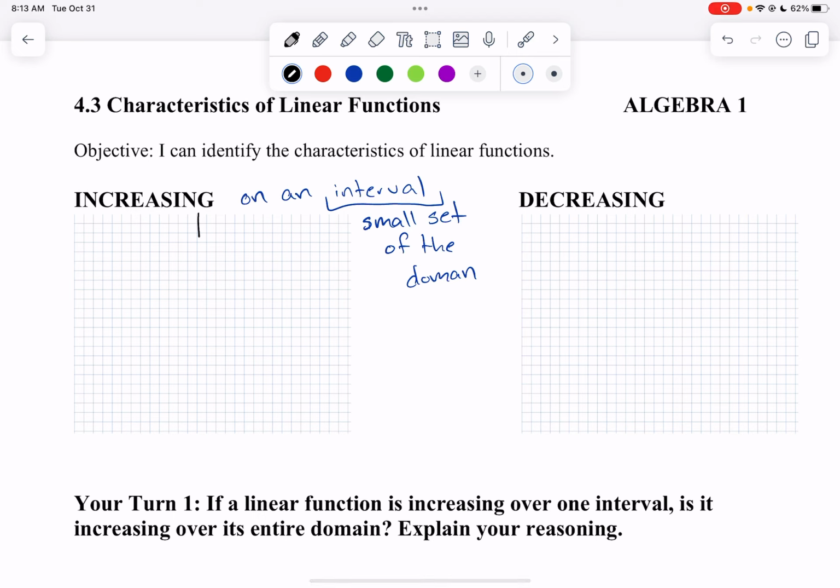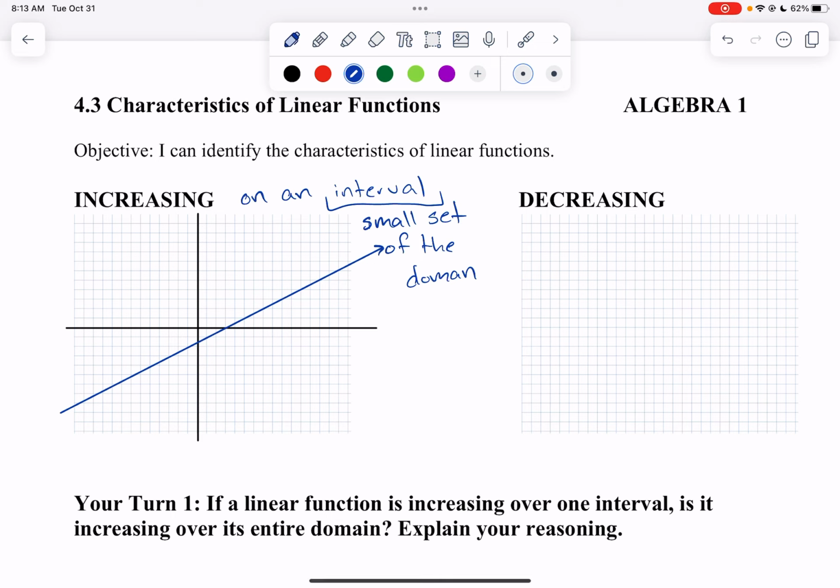So to talk about increasing or decreasing, I'm first going to graph a linear function with a positive slope. And it's no coincidence I put this over on the increasing side.